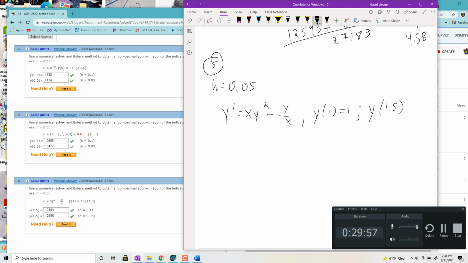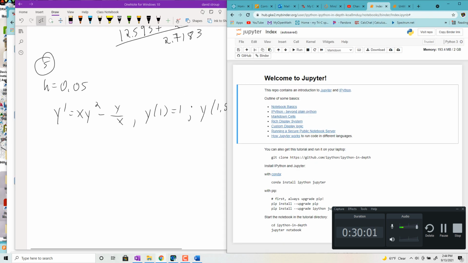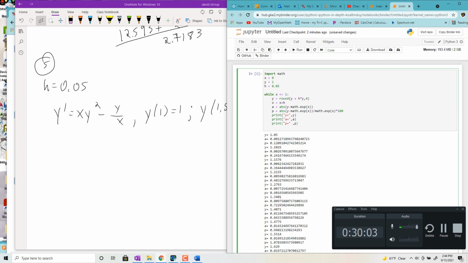So I'm going to do mine in Python. You can use the Planet Calc if you want to. So x is 1 in this case. y is 1. I want to do h 0.05 and go all the way up to 1.5. I don't need that junk. I need to write in my formula.